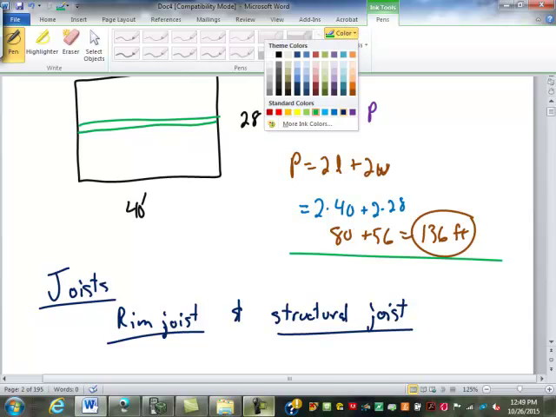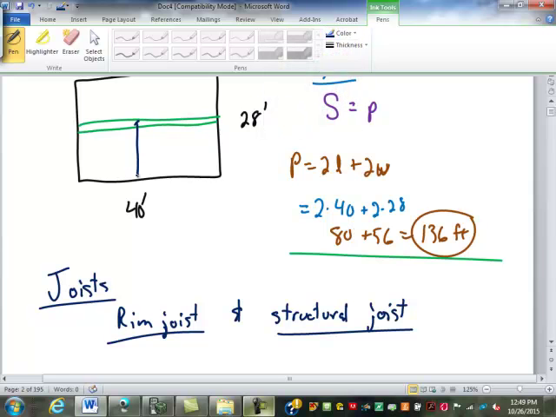So that means our joists are going to be 14 footers. We're going to assume that whatever we have for a support in the middle there is wide enough that a 14-foot will have enough bearing. Do you guys know what I mean when I say bearing?